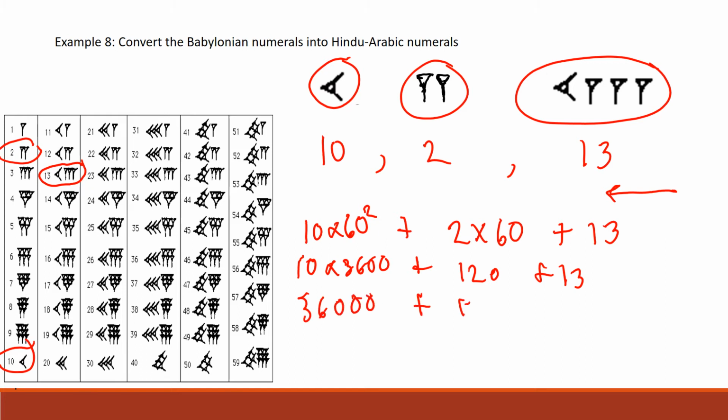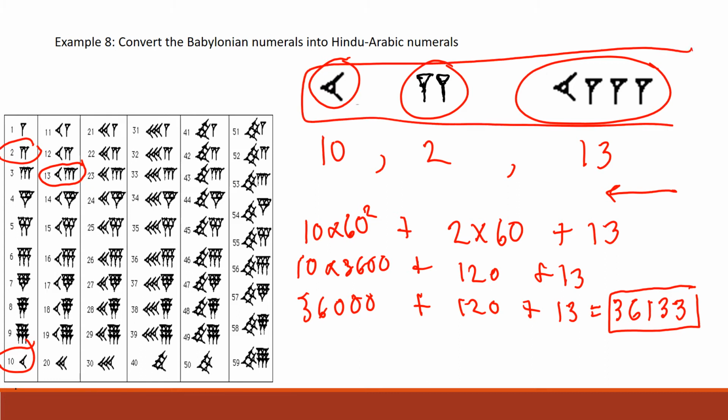So we have 36,000 plus 120 plus 13. So the final answer is 36,133. So this is the Babylonian numeral 36,133.